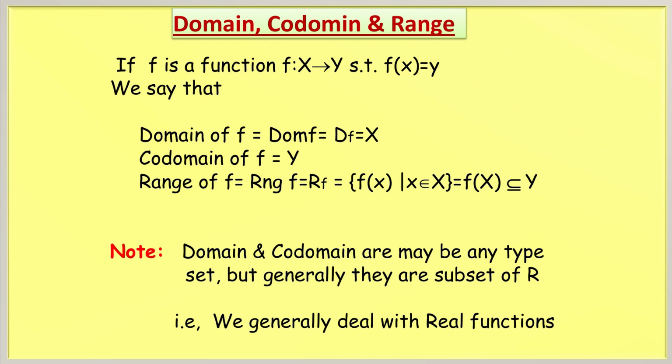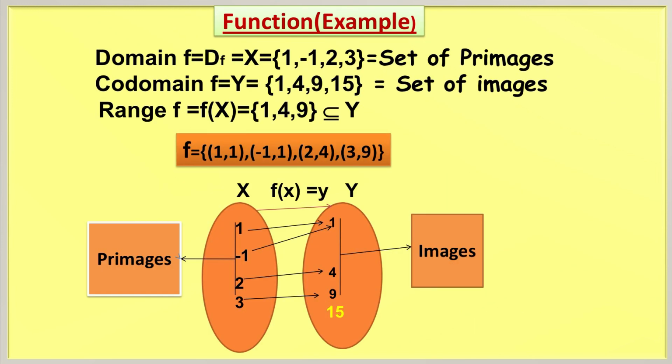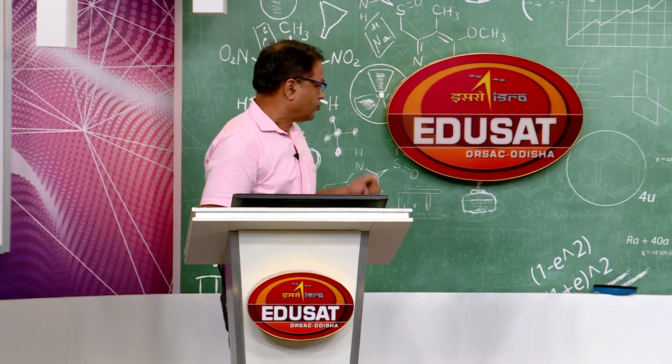Now, domain and codomain may be any type of subset of R, but we generally deal with real functions. Now, this is an example of a function from X to Y, and in the domain set there are 4 elements 1, -1, 2, 3, and in the codomain 1, 4, 9, 15. f is a function. Now, we use the blackboard in this case.